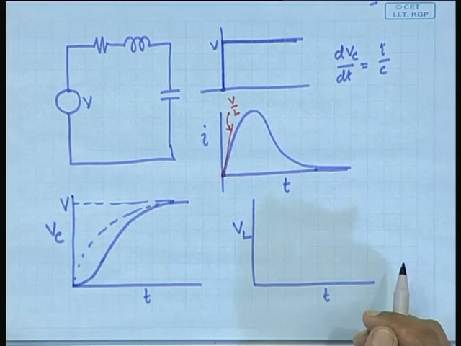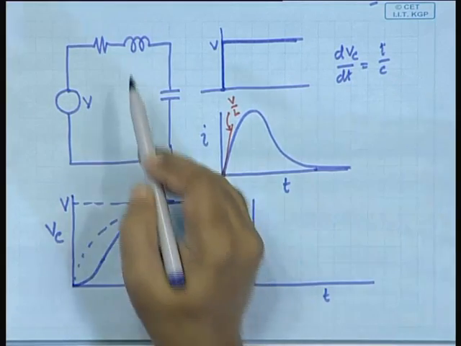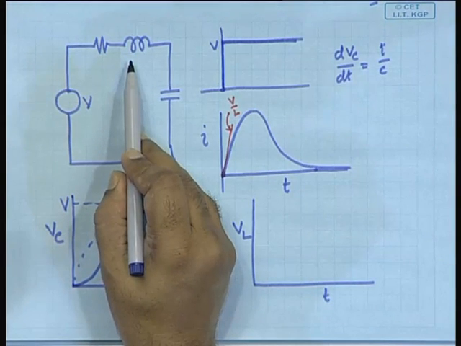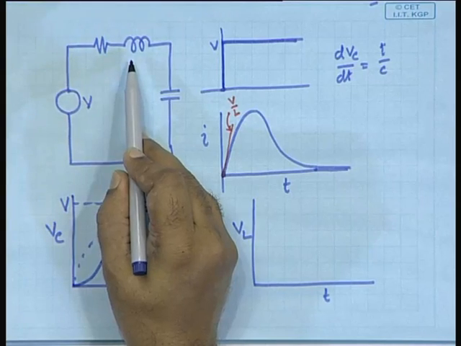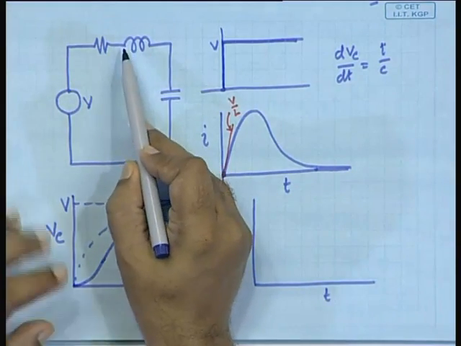Now, come to VL, what should be the waveform like? It should be going down and up. How would you decide about this one? Ultimately, you have to talk about when it starts, what is the value of VL? VL is L di dt.